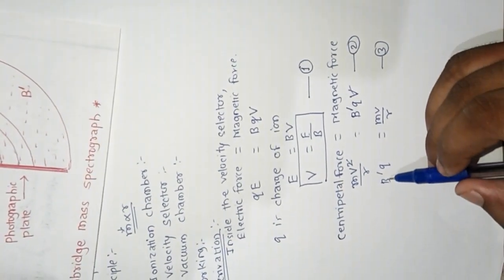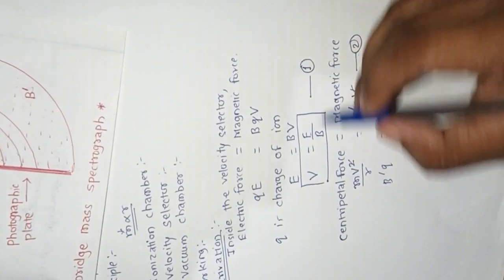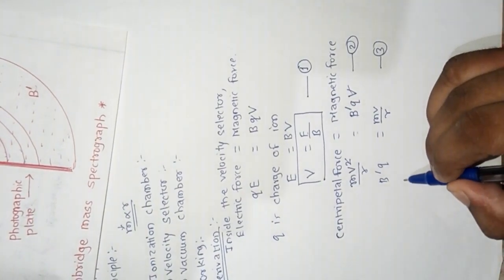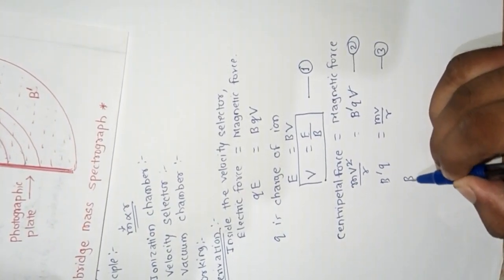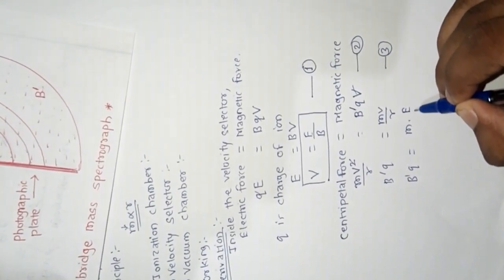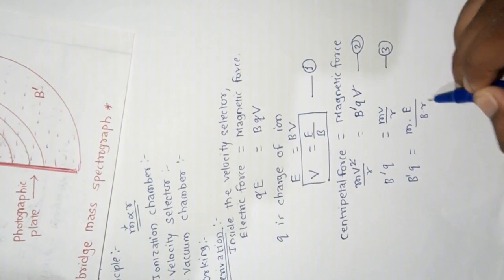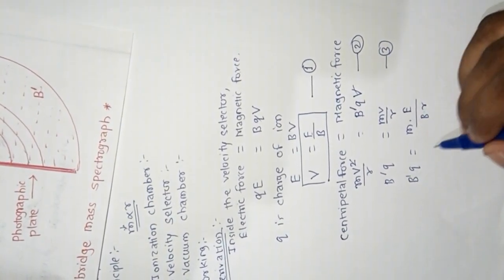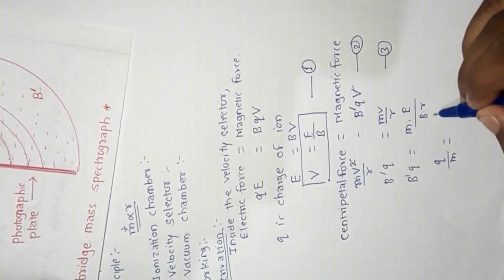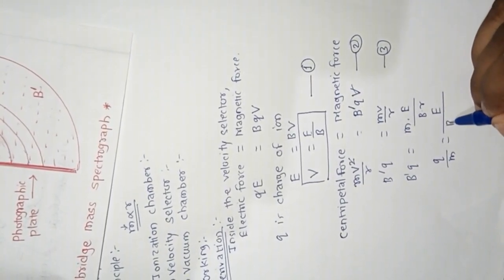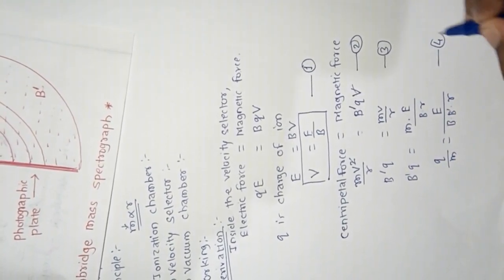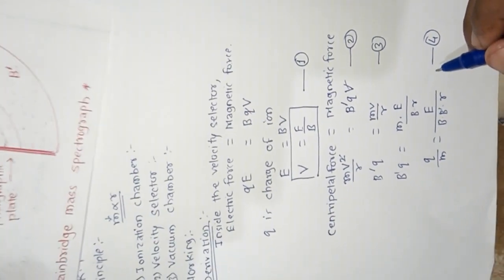Now put the value of equation number 1, that is V is equal to E upon B, in this equation. So B dash Q is equal to M into E upon B into R, and put B dash on the RHS, so Q, and M on the LHS, so Q by M is equal to E divided by B into B dash into R. This is equation number 4.